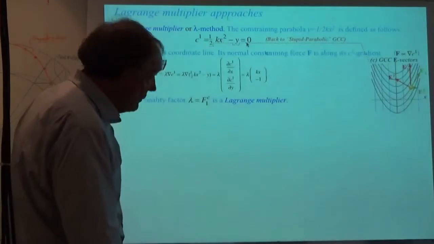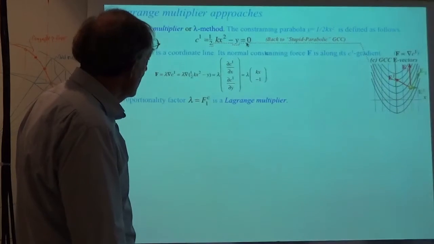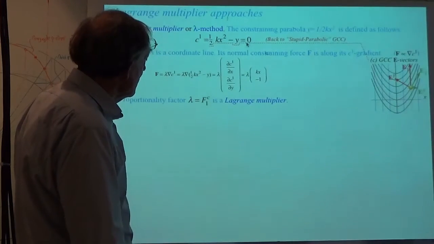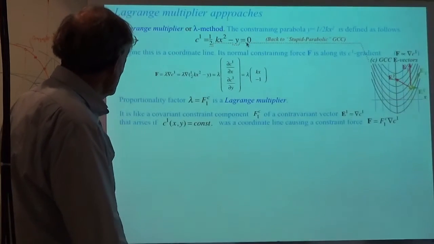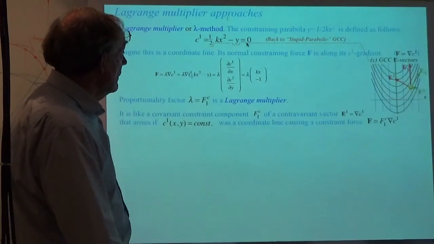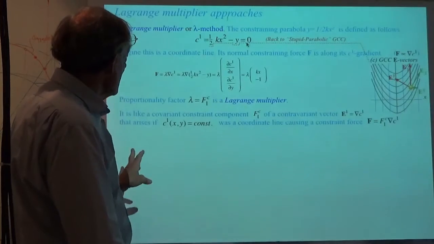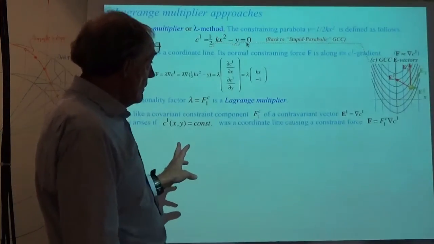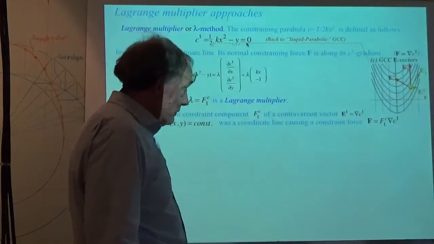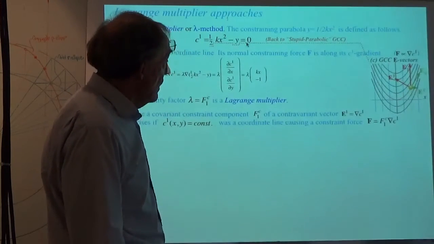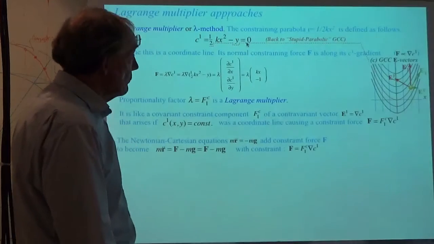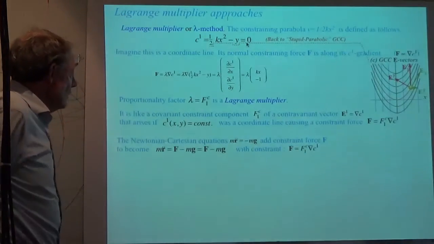The proportionality factor is the Lagrange multiplier. Basically, it's like a covariant component. Okay. Now, that's just saying basically what I've said. This is as though it were a coordinate line. Okay, but we don't have to worry about its companions.